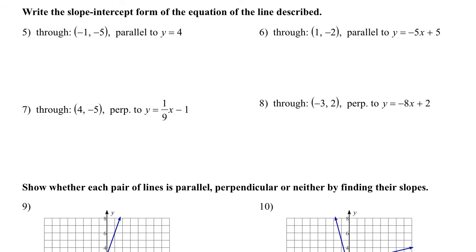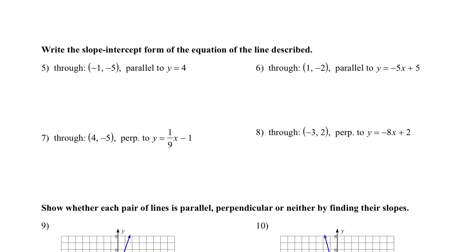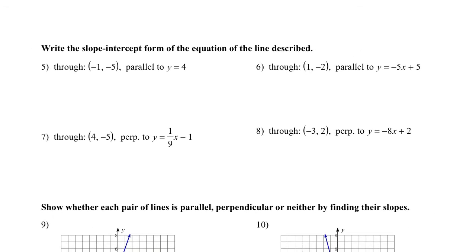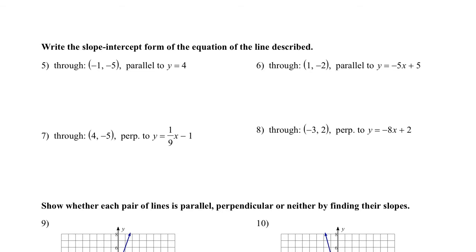Something that we need to know about parallel and perpendicular: parallel is always going to have the same slope. If something is perpendicular, the slope will be the opposite reciprocal slope.